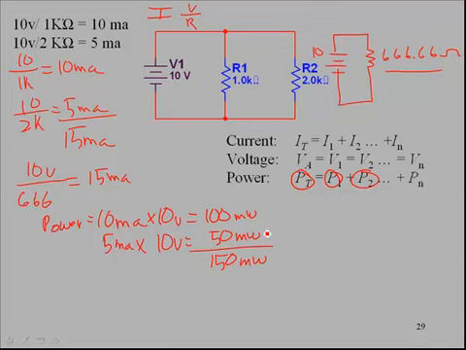Now, we could have done this another way. We could have said our total applied voltage times our total current. So in this case, 10 volts is our applied total voltage times the total current, which was 15 milliamps, and it's not rocket science. 10 times 15 is going to be 150 milliwatts.